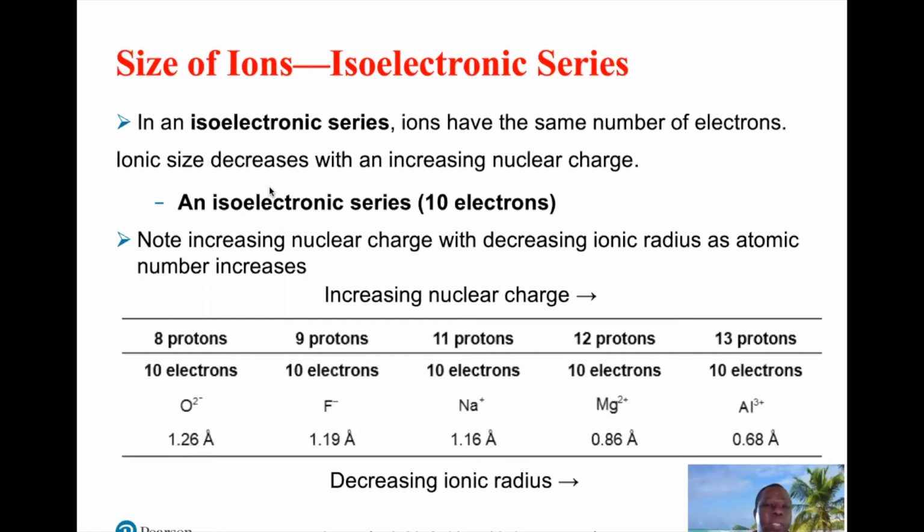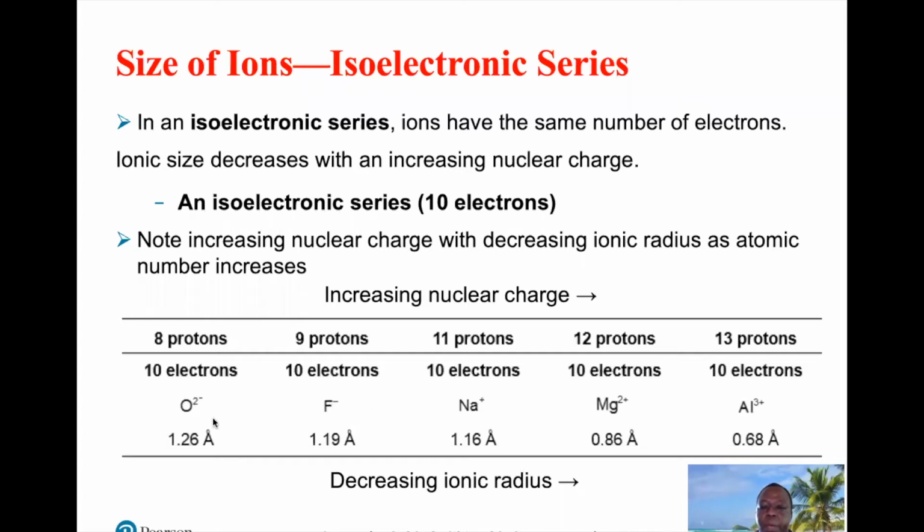They may also have the same electron configuration. And the ionic size for isoelectronic series changes with increasing nuclear charge.